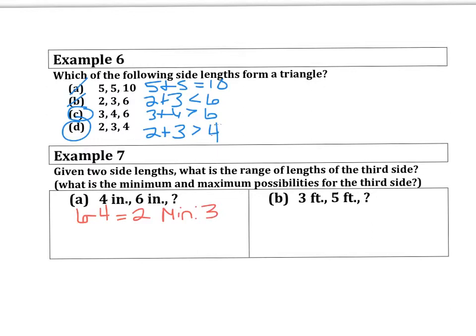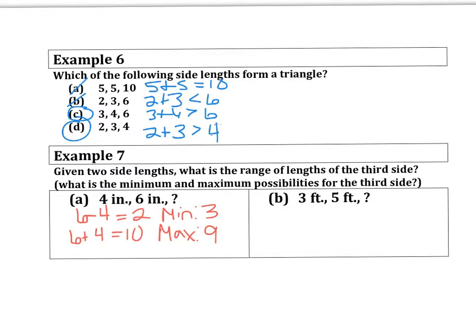And then to find the maximum, I'm going to add these two sides, and I get 10. So I know that my third side would have to be smaller than that. So I would say that my maximum is 1 smaller than that, assuming that these have to be whole numbers, which would give me a minimum of 3 and a maximum of 9.